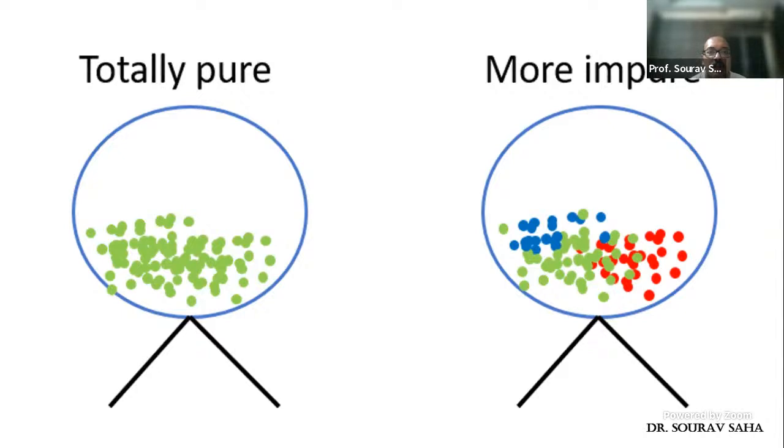Whenever you are taking water coming from your water filter, you're obviously looking at water which is pure. If that is not happening, then you will try to remove the impurity from the water. I'm sure that most of you have Aquaguards in your home.